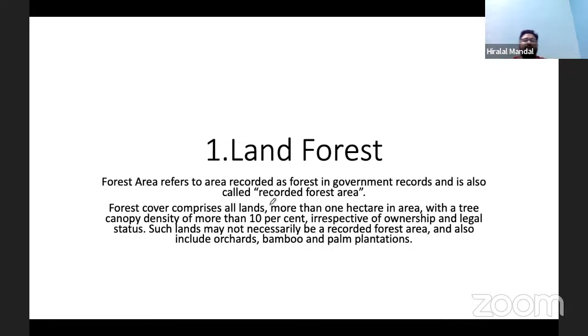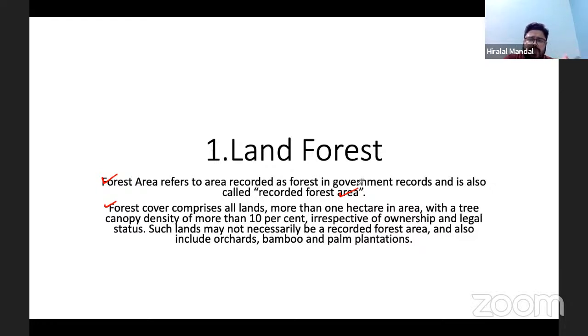Here it is important to discuss the forest area and forest cover. There is a difference between the forest area and the forest cover. Forest area is something which is notified in the Gazette. These are recorded forest areas, recorded as forest in the government records.